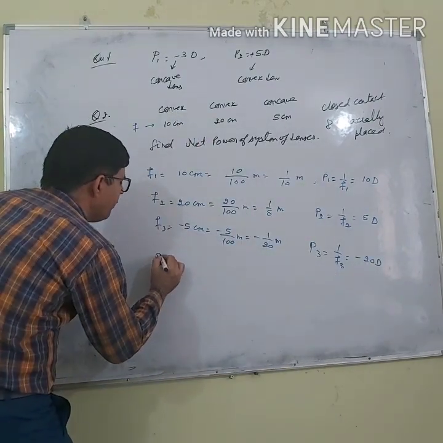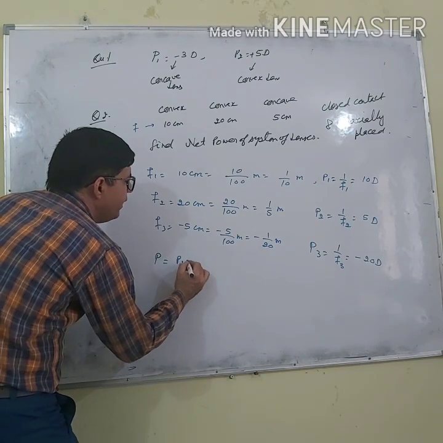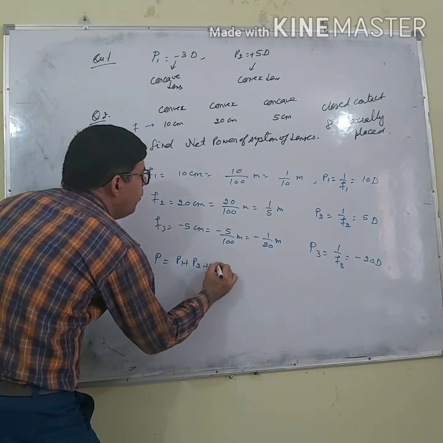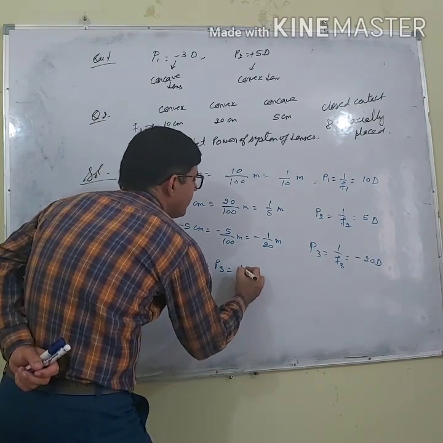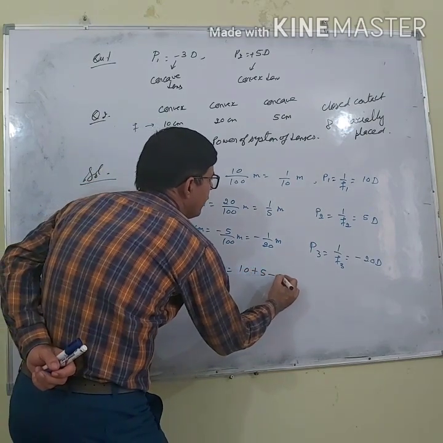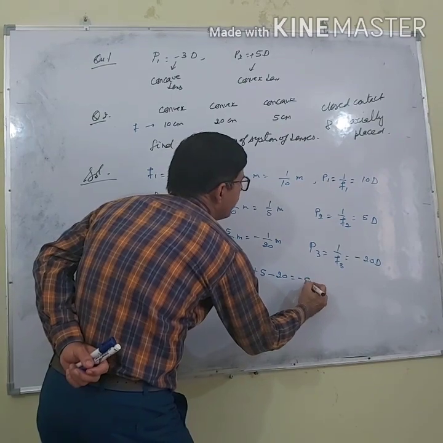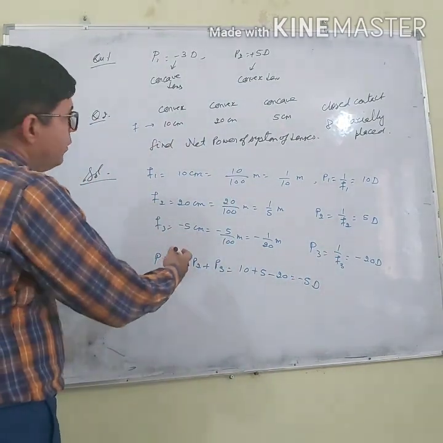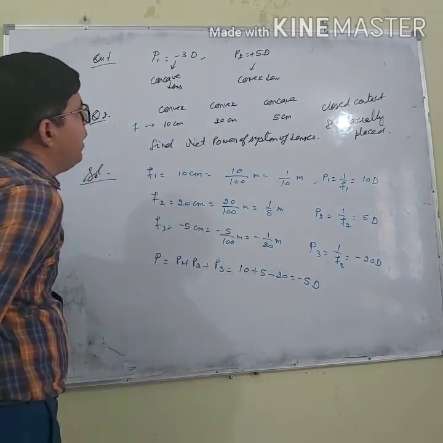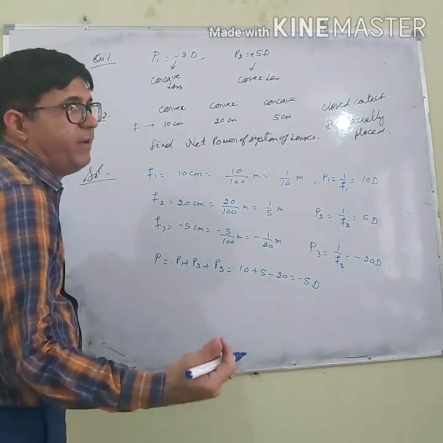And what is the total power? P1 plus P2 plus P3. So total power is 10 diopter plus 5 diopter minus 20 diopter, minus 5 diopter. So what does it mean? The net power of the system of lens is minus 5 diopter.